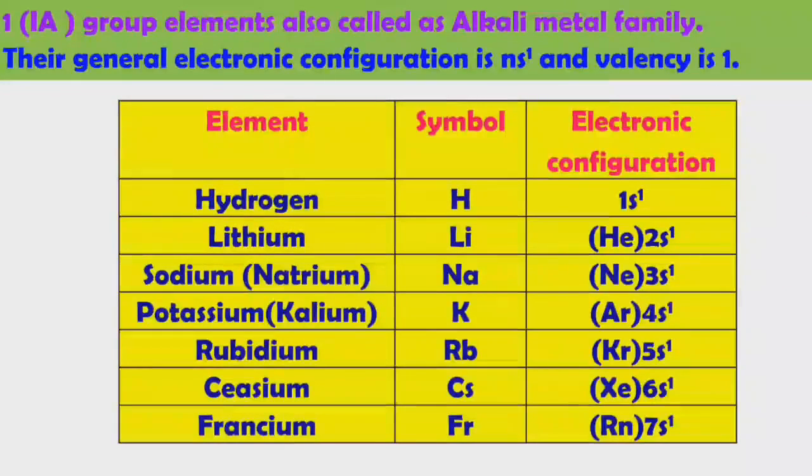Electronic configurations: hydrogen 1s1, lithium 2s1, sodium 3s1, potassium 4s1, rubidium 5s1, cesium 6s1, francium 7s1. That's why the general electronic configuration of first A group elements is ns1, where n may be 1, 2, 3, 4, 5, 6, 7.